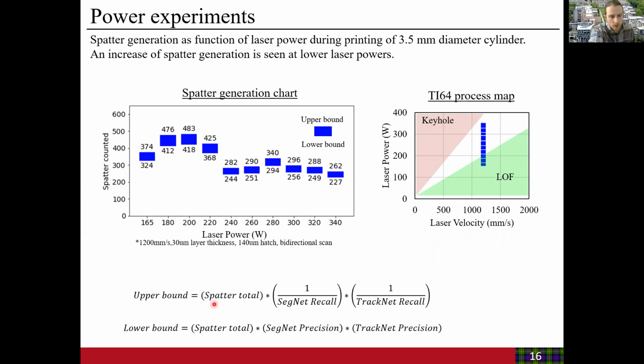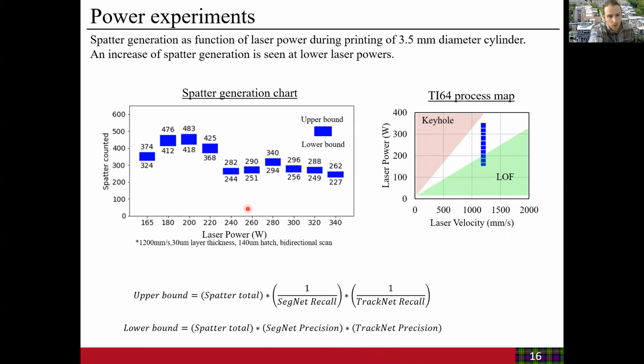We have an upper bound, which is the spatter total identified in our videos, but we also divide that by our SegNet and TrackNet recalls. This lets us include the inaccuracies that accompany our machine learning tools. And then the lower bound here is just the spatter total multiplied by the SegNet precision and the TrackNet precision.